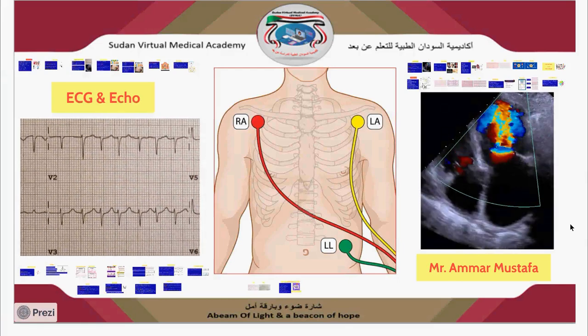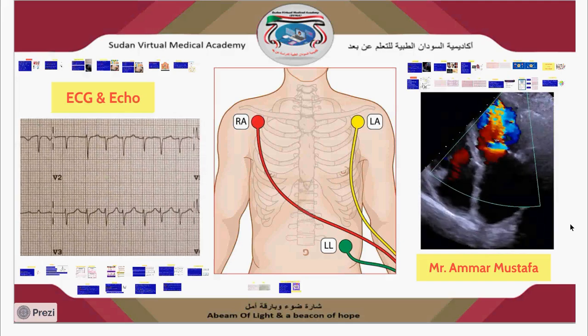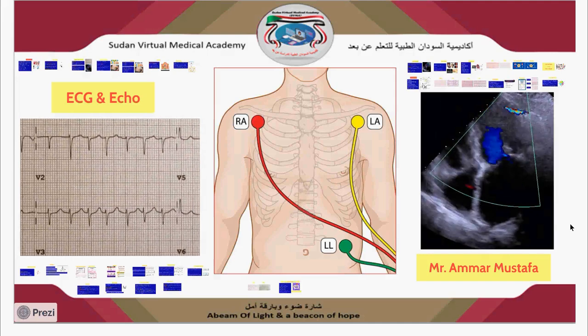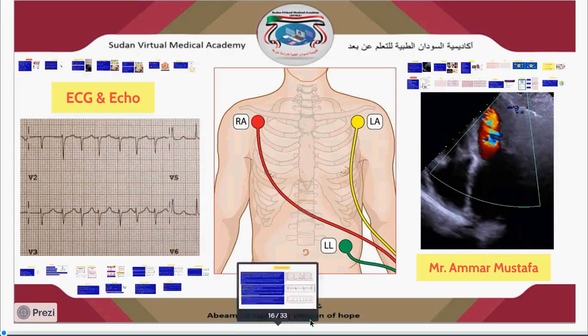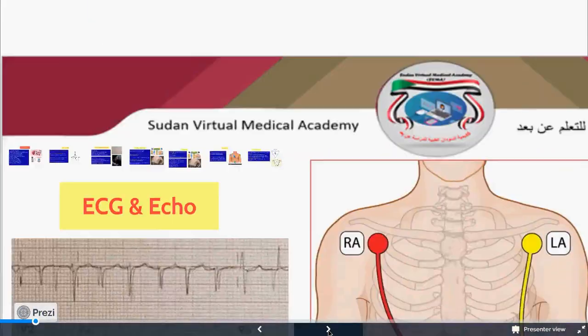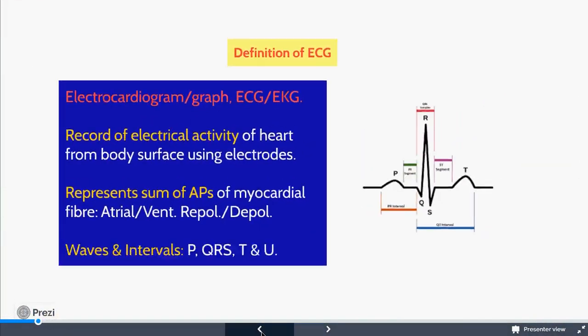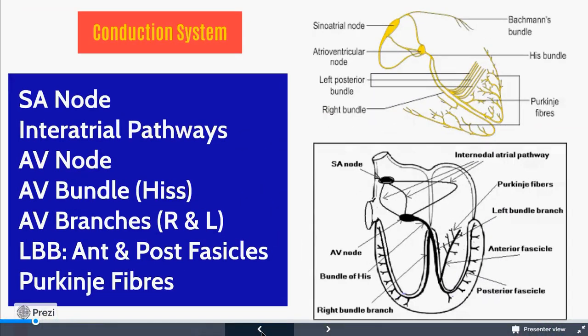It takes only 5 minutes or less to do, and it gives you a lot of information. In order to do an ECG, you need to put stickers on the patient. These stickers, I'm not going to go through the conductive system. Do you want me to go through the conductive system?